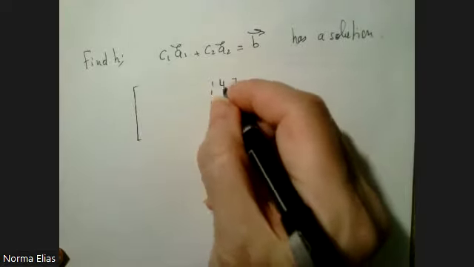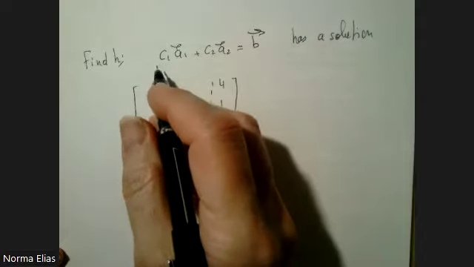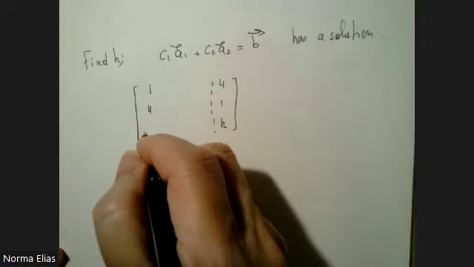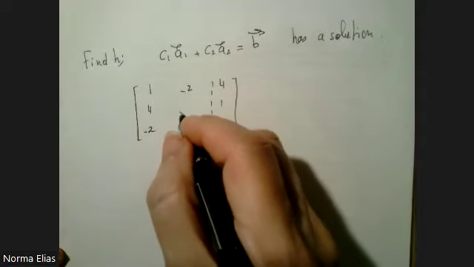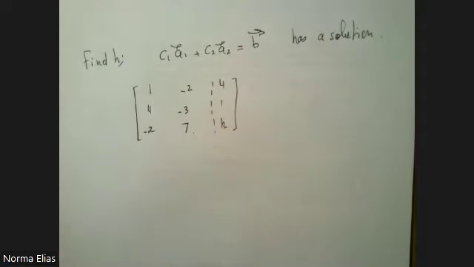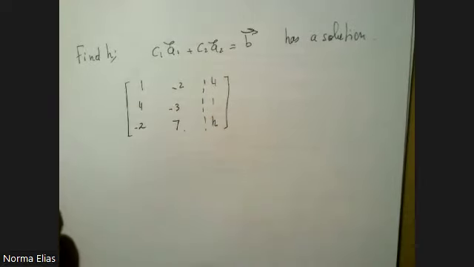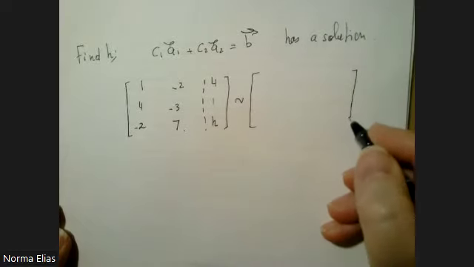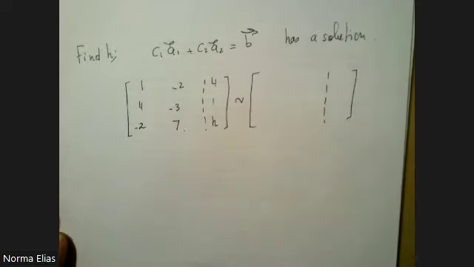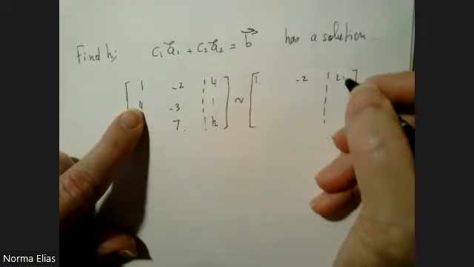So for 1, H, that's my B. The coefficients of A1 are going to be the entries of the vector A1. And finally minus 2, minus 3, 7. And now we just have to ask which H makes the system consistent. I think the only way we answer those questions is by solving. Solving means row reducing immediately.